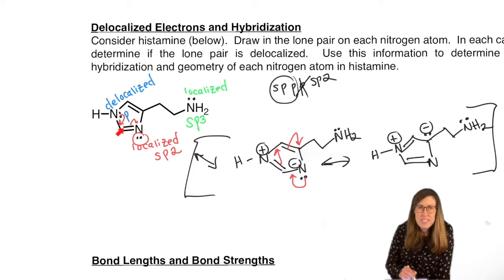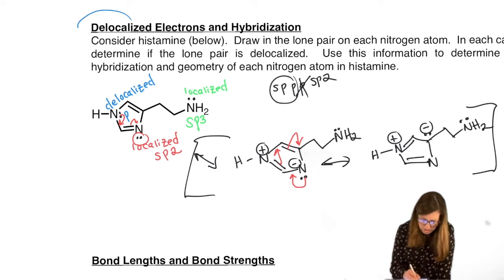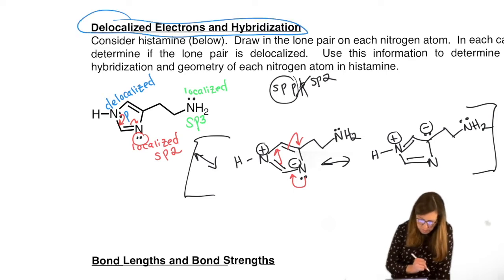Therefore, that lone pair is in a p orbital. Yes, it's higher energy than a hybrid orbital, but it's worth it because it allows for resonance. So the right answer is that this lone pair is in a p orbital because it's delocalized. Watch out for that. Delocalized electrons and hybridization.